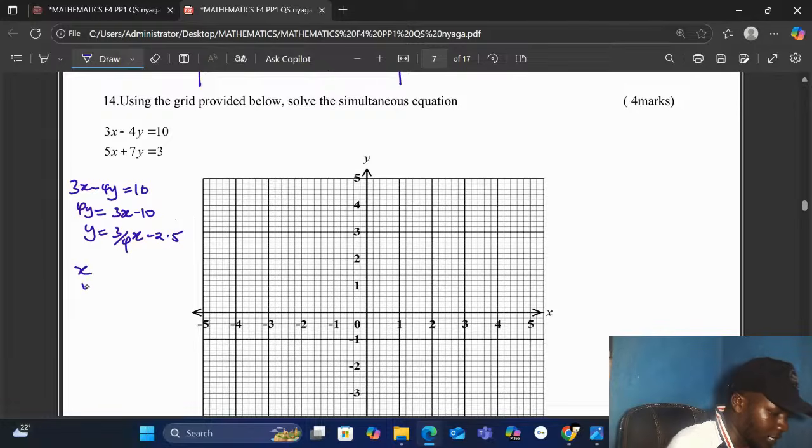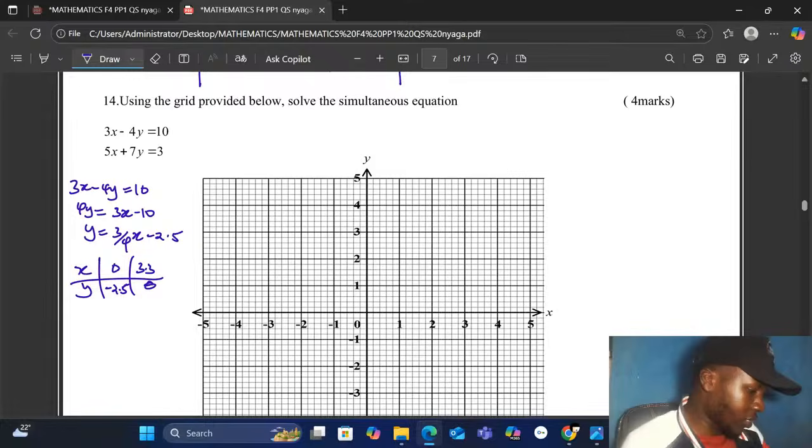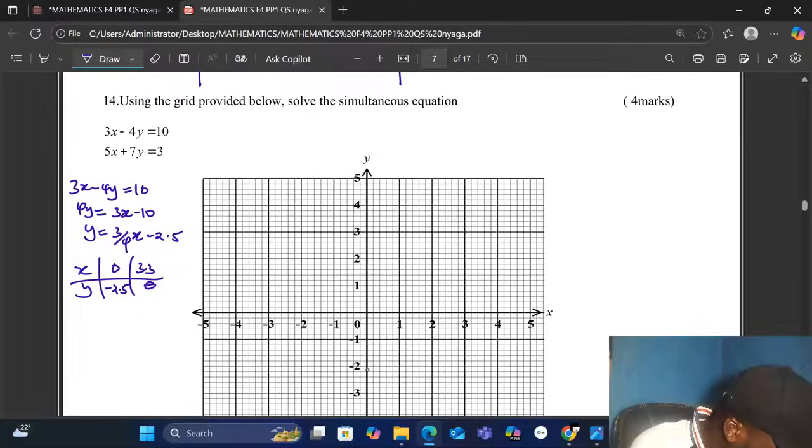One is x, another y, so that we draw. So when x is 0, y is going to be negative 2.5. And when x is now 3.3, we're going to have y as 0. So you can use the 2 points to draw. So we have x is 0, y is somewhere here.